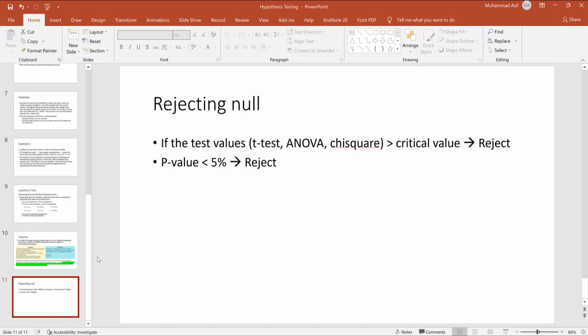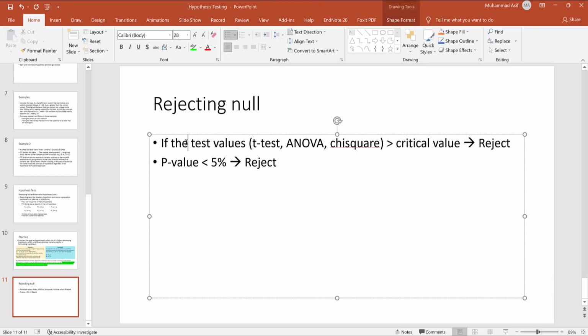And then usually whenever we are interpreting results, we have different statistical values. For example, in a t-test we have the t value, in ANOVA an F value, a chi-square value, a correlation value and a regression value, like that.